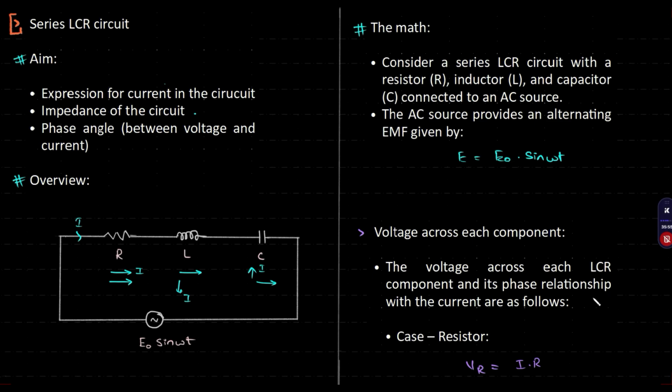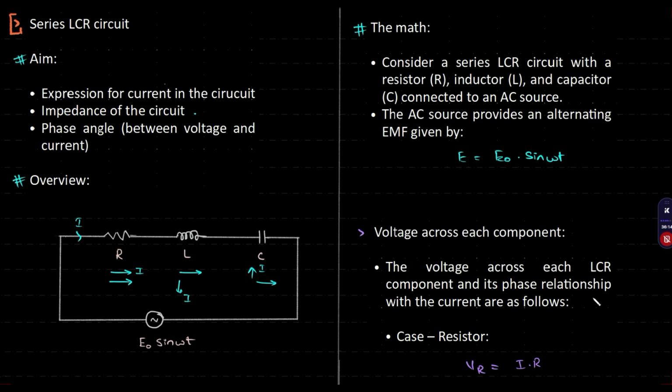As a whole, it will push back. That's the behavior of an inductor. While the capacitor is like a storage space. You store it, release it, store it, release it.